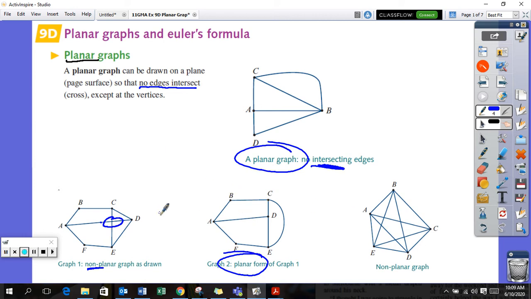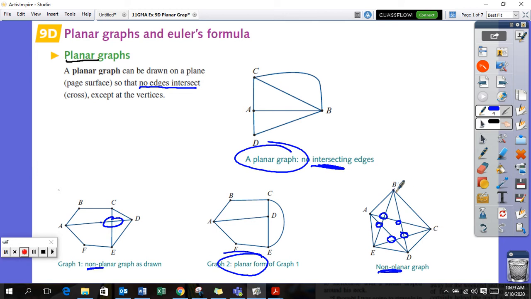Not all graphs can be drawn as planar graphs. So we've got an example here. This graph is a non-planar graph. We cannot get rid of all these intersections. There's far too many of them to just get rid of by going on the outside.